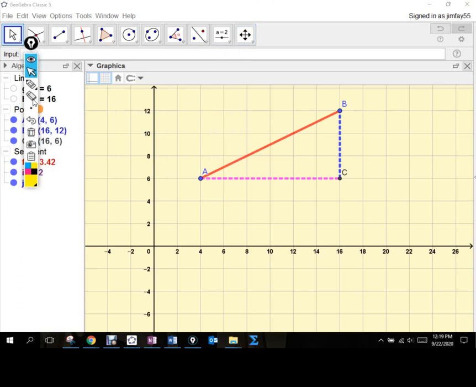Let's use some basic ordered pairs here, with specific values, and then we'll see what happens with generic values. The ordered pair here for A is 4, 6. The ordered pair here for C is 16, 6. The ordered pair here for B is 16, 12.